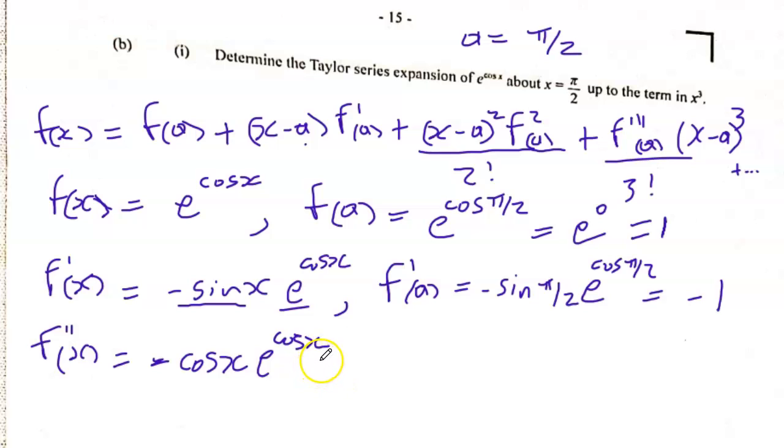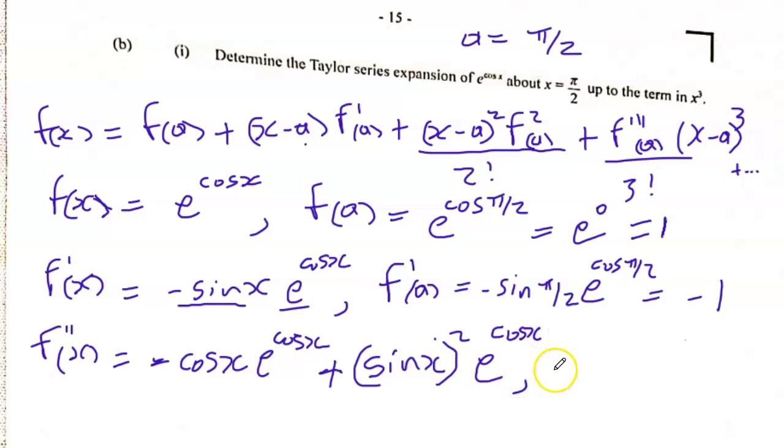Plus, and now I'll keep the negative sine x, and then I'll differentiate e to the cos x. I get negative sine x again. So negative sine times negative sine, I end up with plus sine squared x e to the cos x.